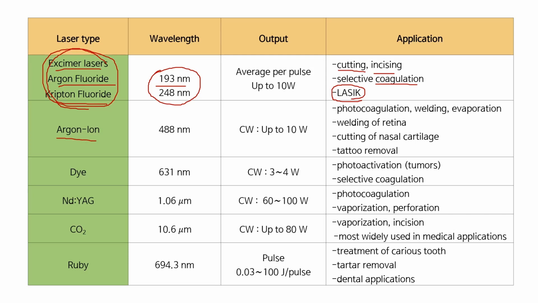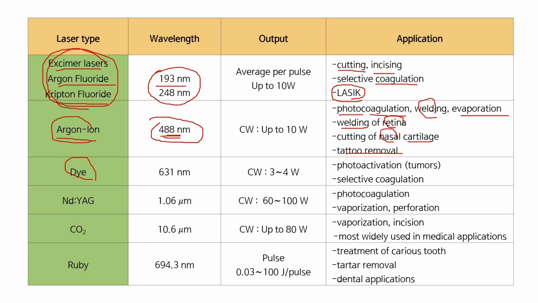Argon ion laser has a wavelength of 480 nanometers, which is blue color, and this argon ion laser is used for photocoagulation, welding, evaporation, and also welding of the retina, cutting cartilage, and tattoo removal.